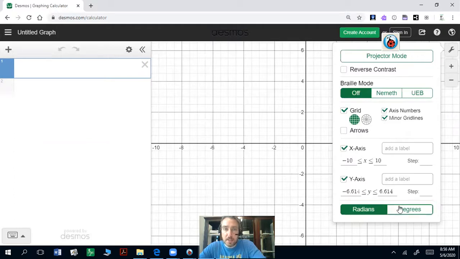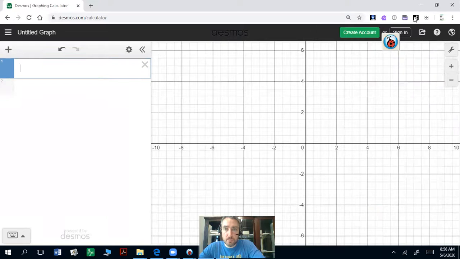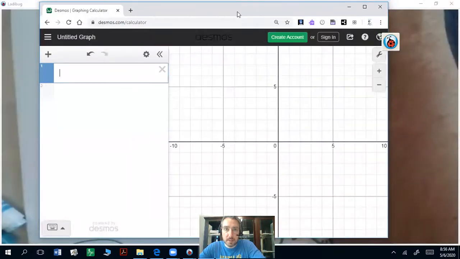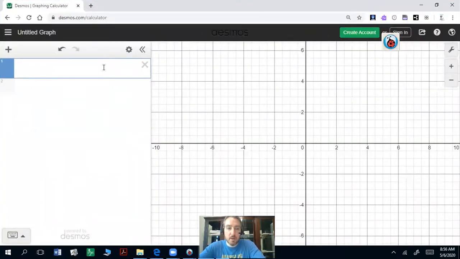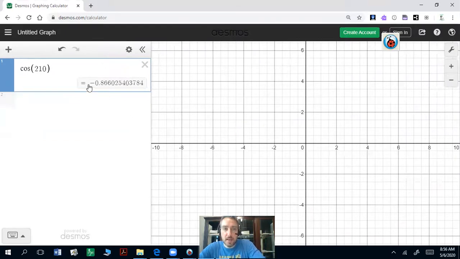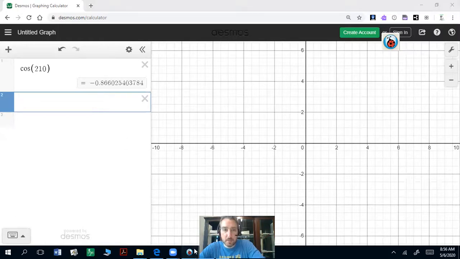So I want to change that to degrees first. Now, since the degree was 210, I will type in COS and 210. And notice that it gives you negative 0.866. And our answer was negative square root of 3 over 2.